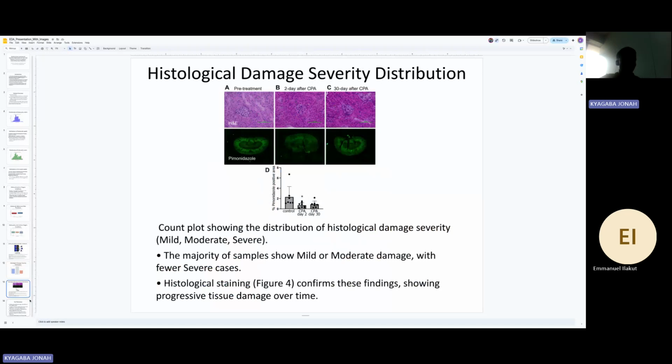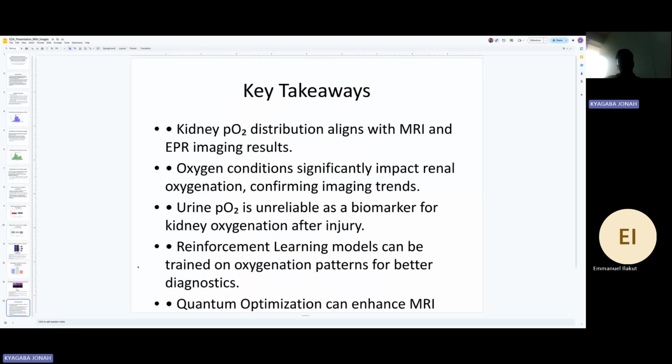The key takeaways from this are that the kidney oxygen distribution aligns with the MRI and imaging results, and oxygen conditions significantly impact renal oxygenation, confirming image trends.